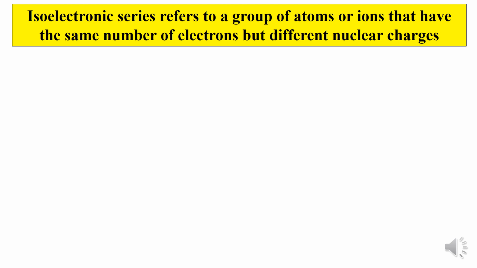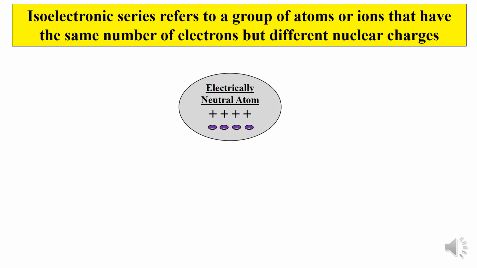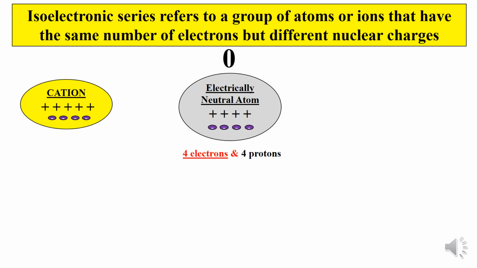Let me explain this concept with the help of an analogy. We have an electrically neutral atom with 4 electrons and 4 protons. We have a cation with 4 electrons and 5 protons.